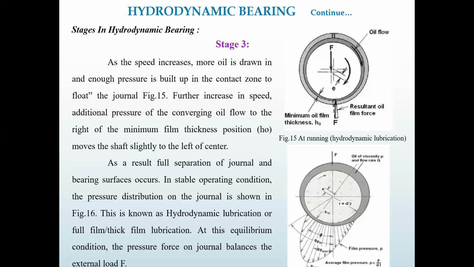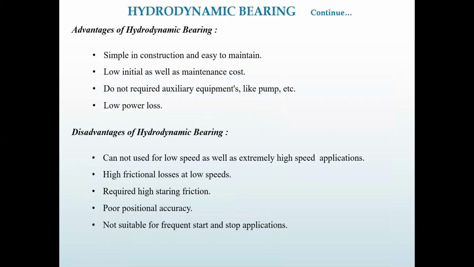This kind of action we call hydrodynamic lubrication, or you can say thick film lubrication. Normally it can occur only because of sufficient speed as well as enough pressure which is developed because of the rotation. Okay, so this is the basic condition, or you can say basic criteria, with respect to hydrodynamic lubrication or hydrodynamic bearing.